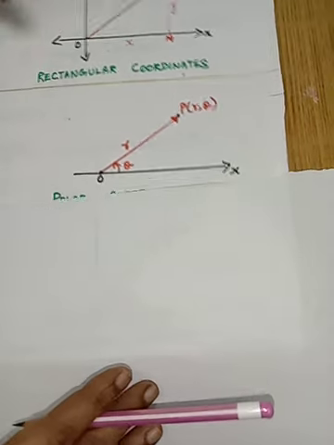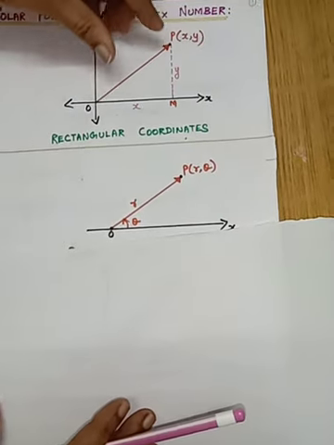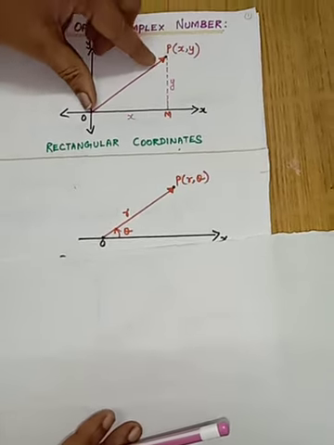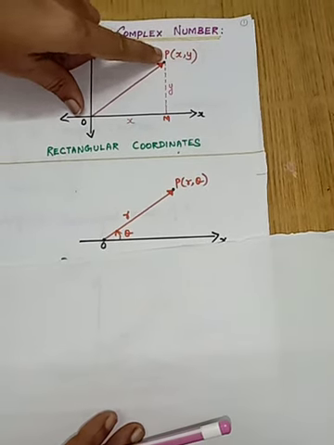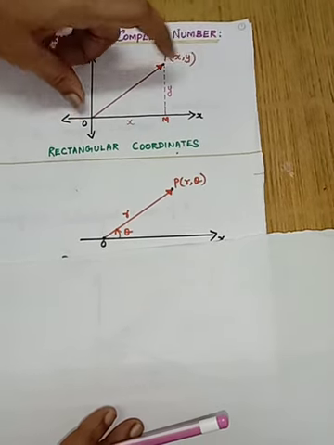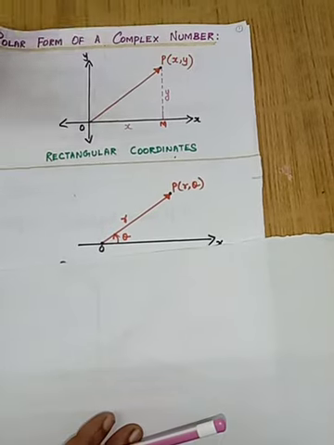Here the complex number is represented using a position vector whose coordinate is x comma y in the rectangular coordinate system.